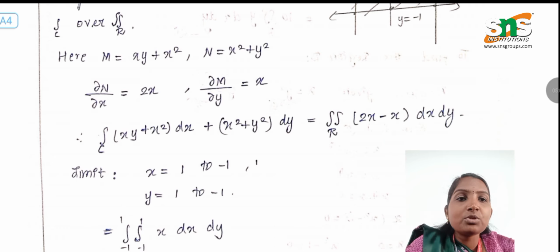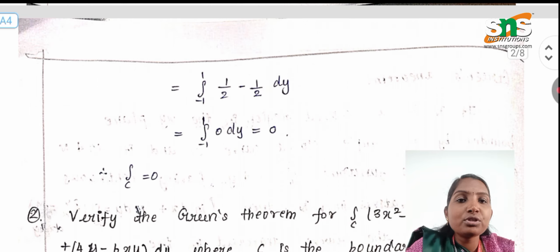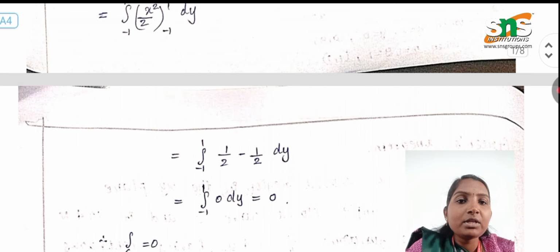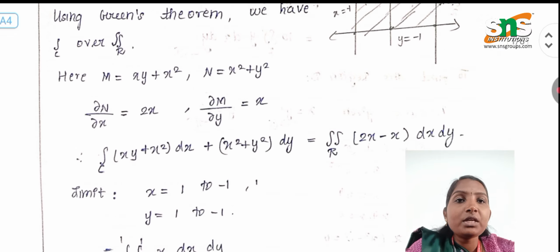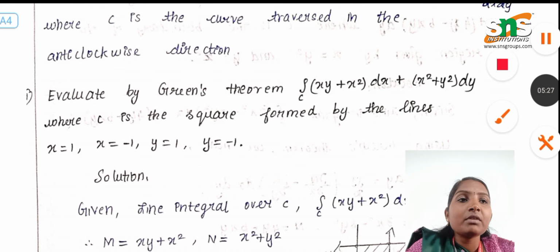After resubstituting it and simplifying it, we have arrived at the solution for the given question for the line integral. So this is how we evaluate using Green's theorem. In this problem, we have just evaluated a problem with the line integral on the LHS and the surface integral on the RHS. We'll continue with this in the next problem as well. Thank you.